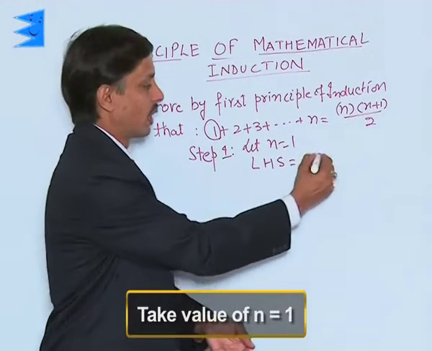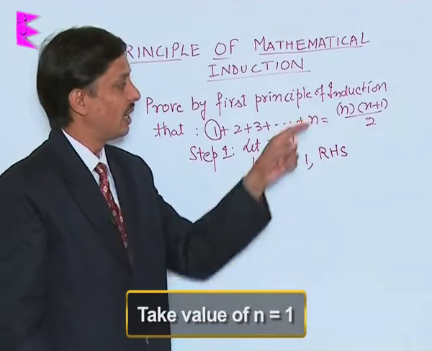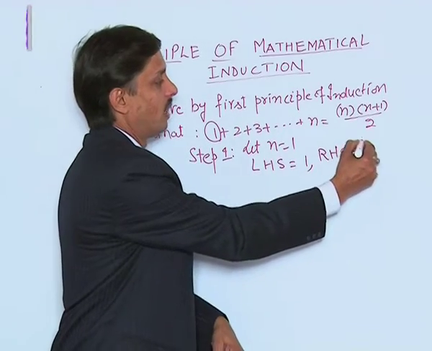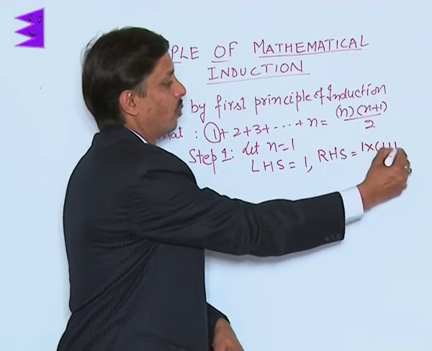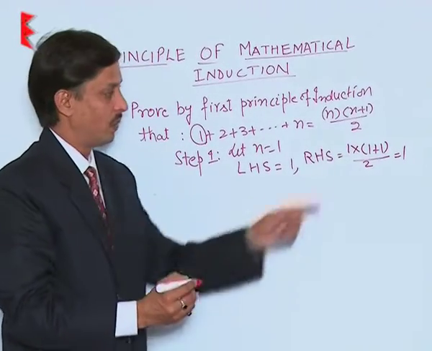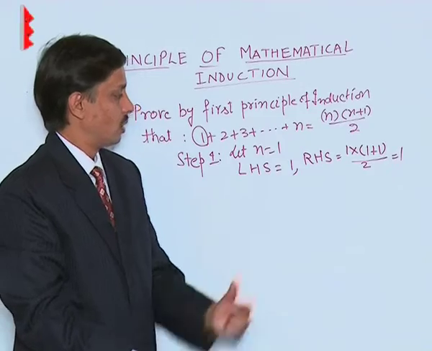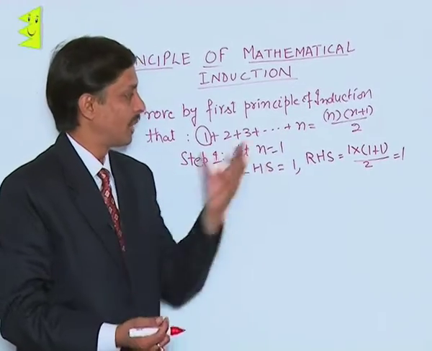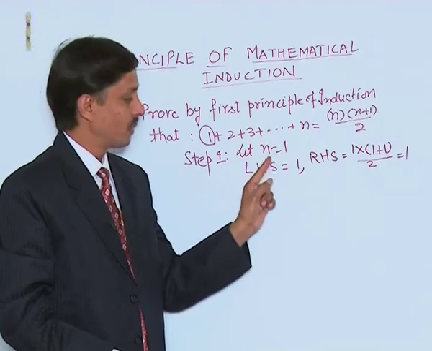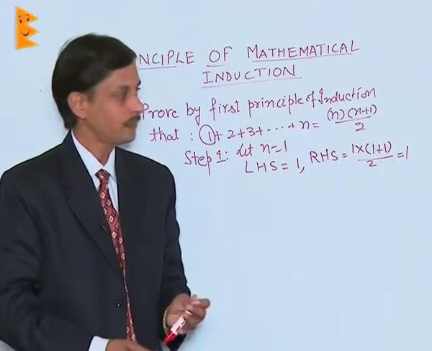If I talk about the right hand side, at n equal to 1, it means I need to put the value of n as 1. Right hand side will be 1 into 1 plus 1 upon 2, which comes out equal to 1, because 1 plus 1 is 2, and 2 cancelled, we are left with 1. So what we are observing in this mathematical statement is that at n equal to 1, left hand side and right hand side are both the same.